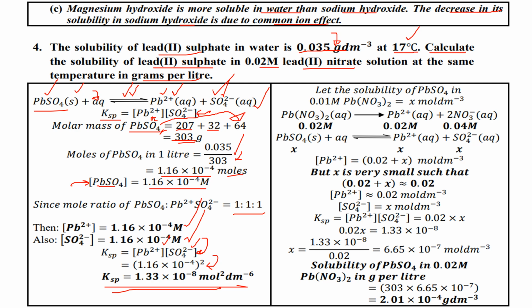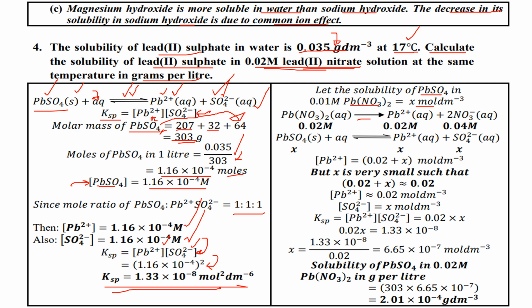Now let's calculate for the solubility of lead-2 sulfate when it is present in lead-2 nitrate. Also remember that this is common ion effect because lead-2 sulfate and lead-2 nitrate have lead-2 ion in common. So we are going to let our new solubility of lead-2 sulfate present in lead-2 nitrate to be X. Now write the equation for the full ionization of lead-2 nitrate since it's a strong electrolyte.